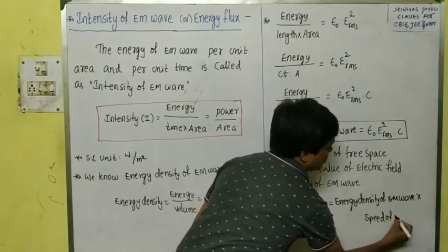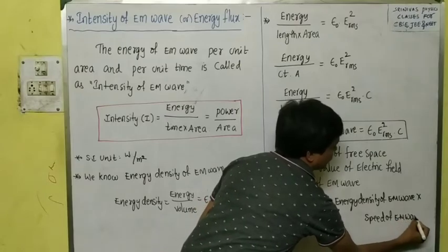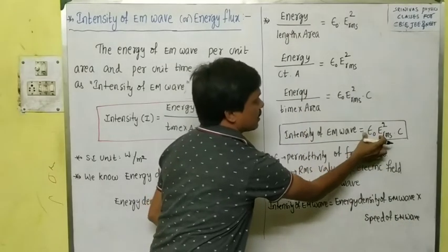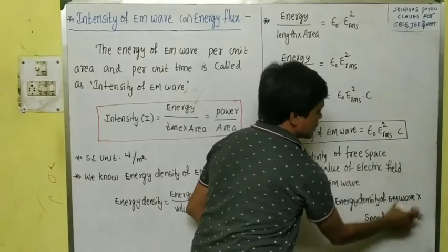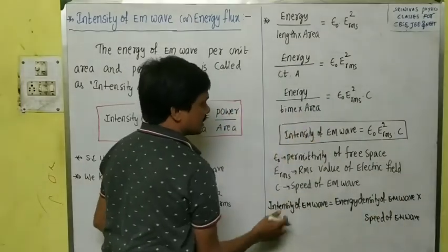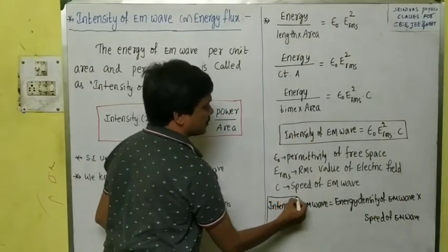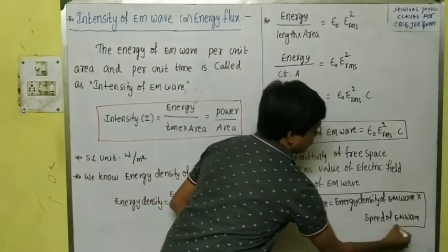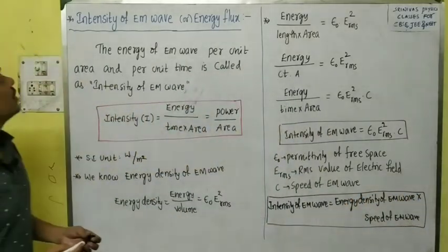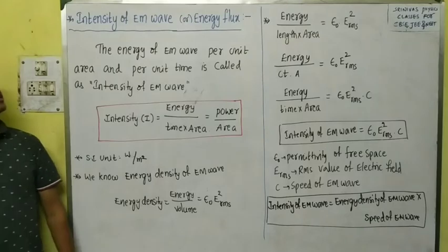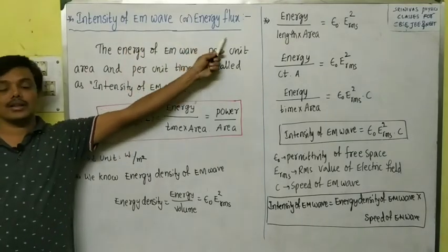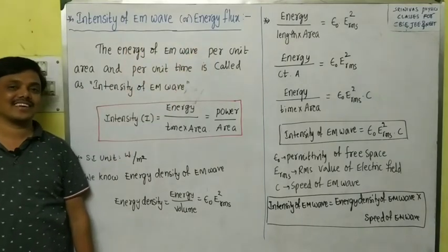Epsilon naught ERMS square is the energy density of EM wave, and c is the speed of EM wave. This is the intensity of EM wave. This is the formula, right? Okay, this is about intensity of EM wave or the energy flux. Take the screenshot and note it.